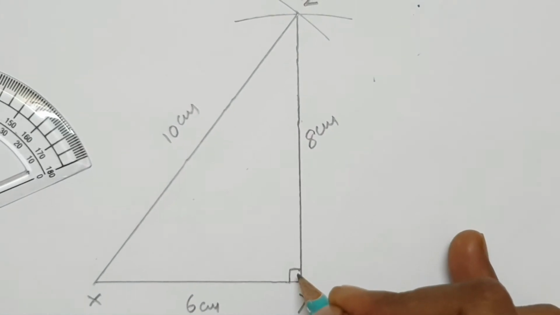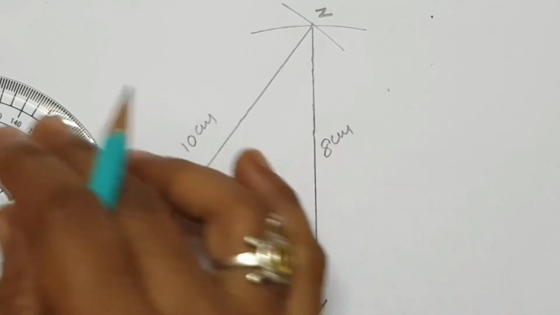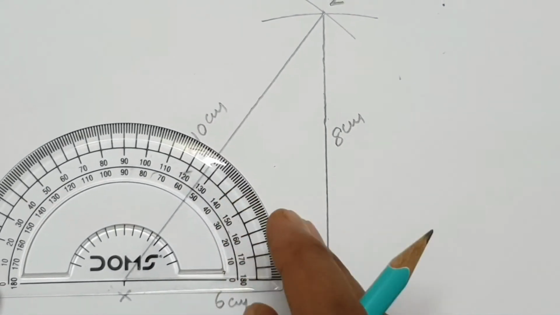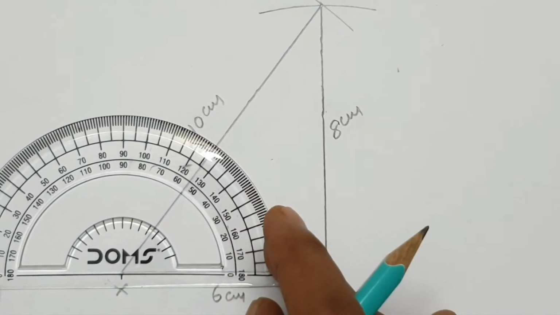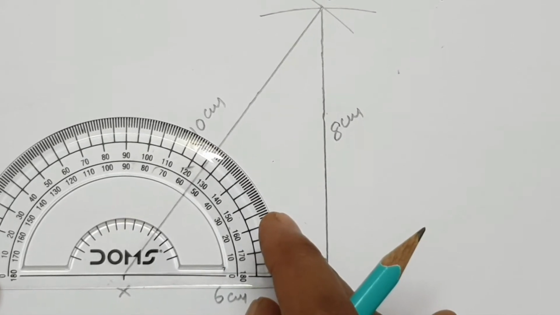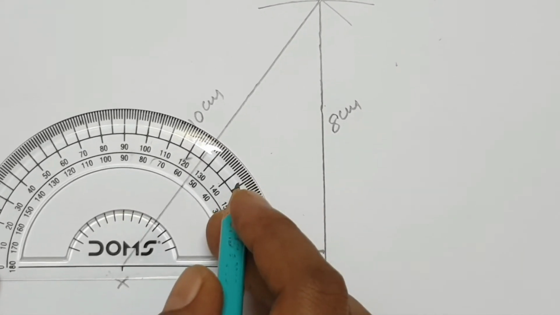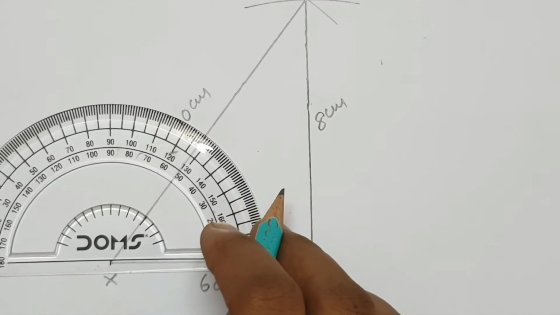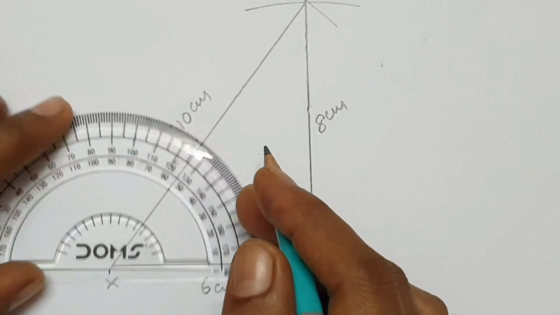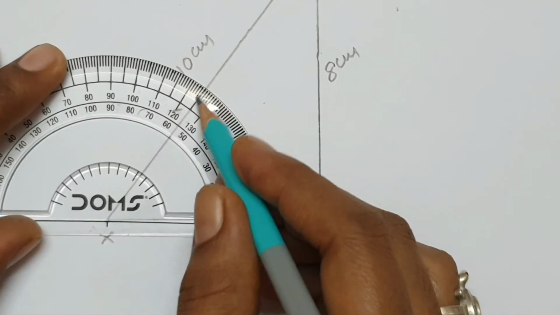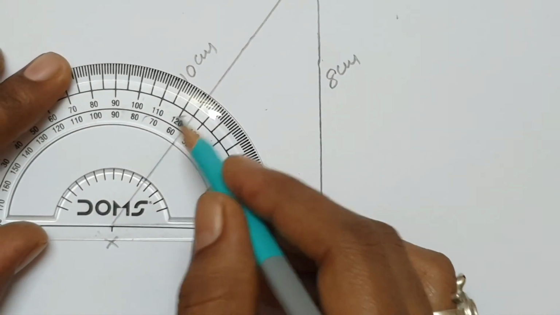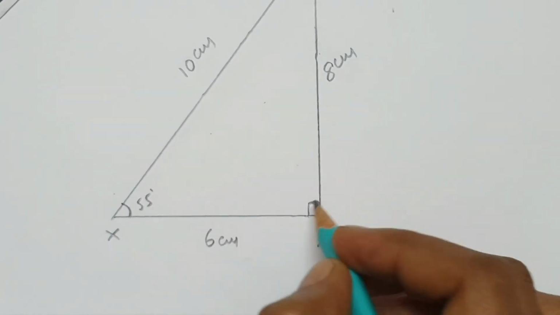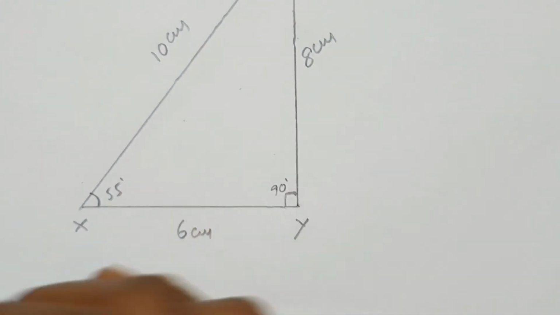And observe this measure also: between 50 and 60, the angle is 55. This is 55 degrees and this one is 90 degrees.